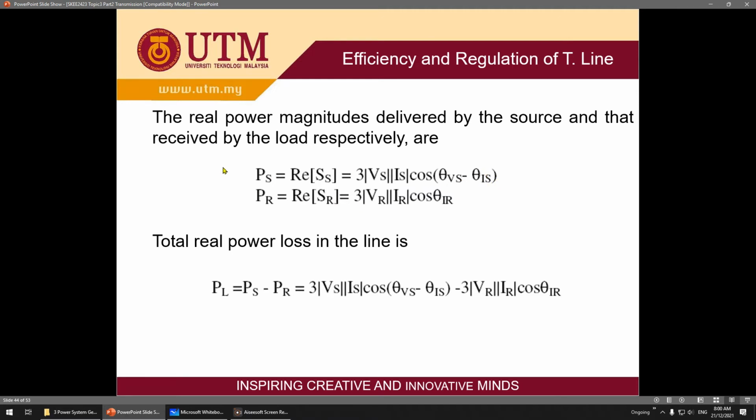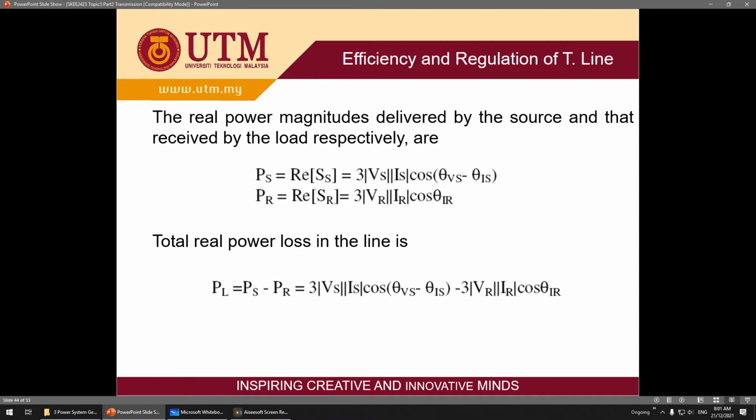So this is how to calculate real power. For the real power at the receiving end, just cos theta IR. Actually it is negative theta IR, but cos doesn't care about negative, so you can just put IR. This is just revision from your chapter 1.